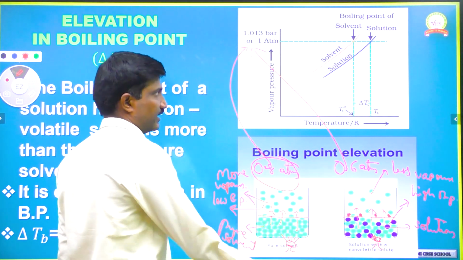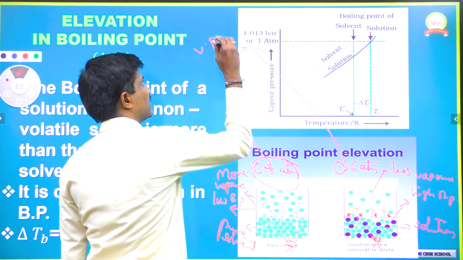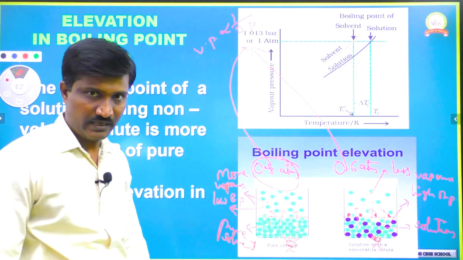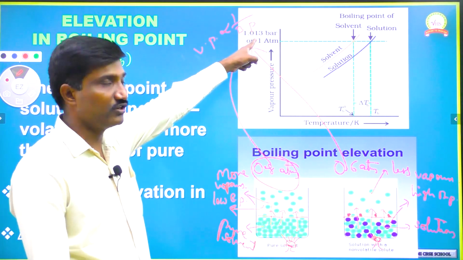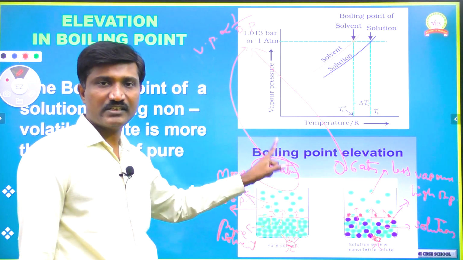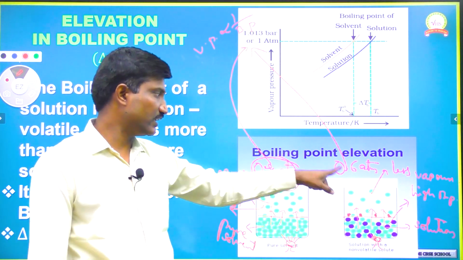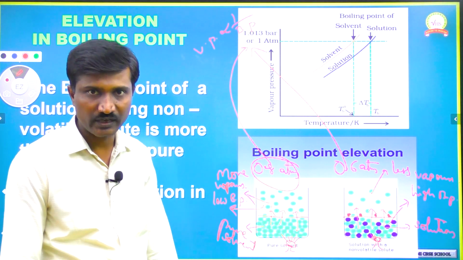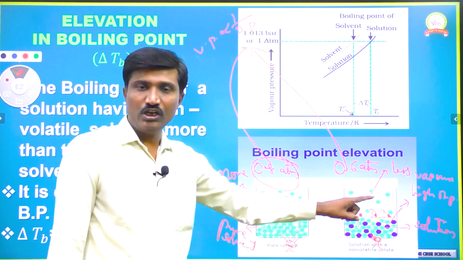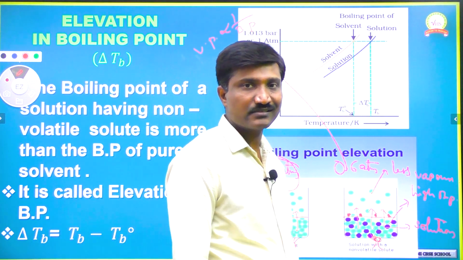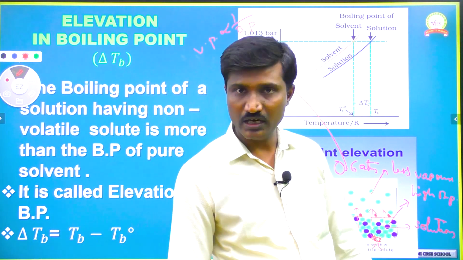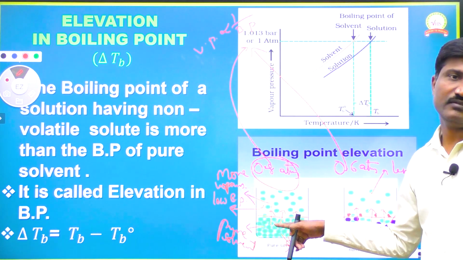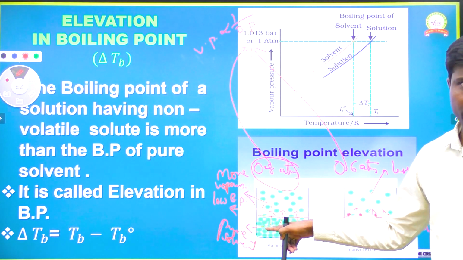Yes, vapor pressure is inversely proportional to boiling point. Which one shows more vapor pressure? That one shows less boiling point. Here vapor pressure is more, so low boiling point. But here vapor pressure is less, so more boiling point. So the solution boiling point is more than the pure solvent boiling point.